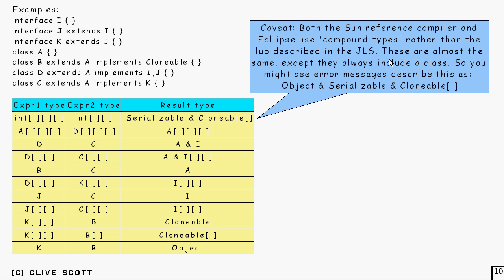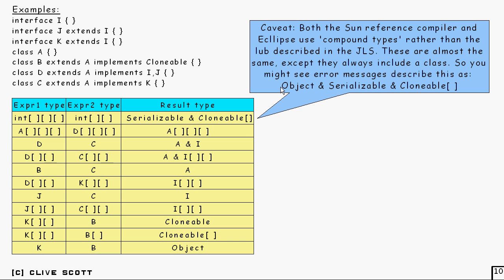It doesn't make any difference because the only effect is that it sometimes puts a redundant type in, and you'll get it if you've got two interface types. If you end up with a least upper bound having just two interface types, then you'll get Object thrown in. Otherwise, you get the same answer really. And you might see this in error messages.